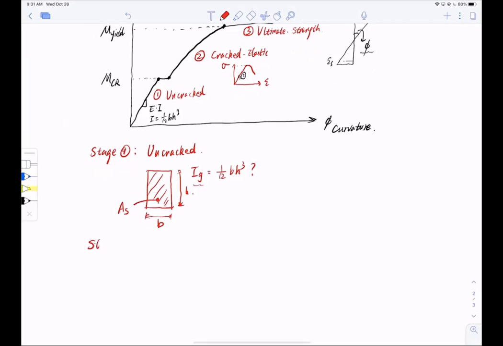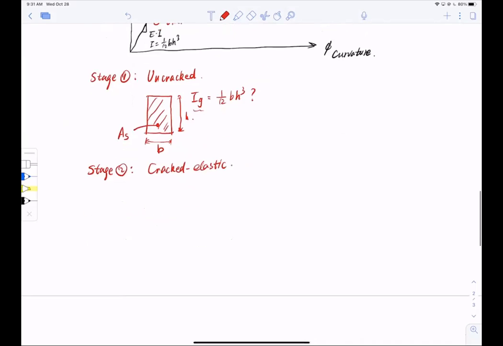Now stage 2, we call it cracked elastic. That means in stage 2, maybe only half of the section still takes care of my compression, looks like this, and the other half has just cracked.